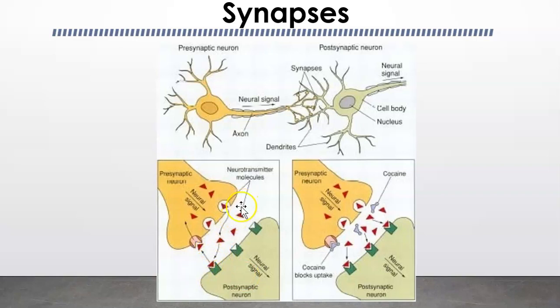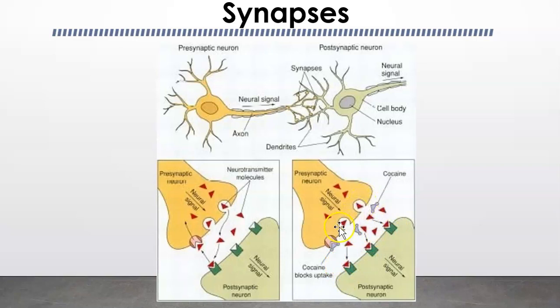Now, while there's neurotransmitters and these receptors, there's also some things that can block the receptors. So that's what different types of drugs do. So some drugs will stop neurotransmitters from bonding with the receptors.